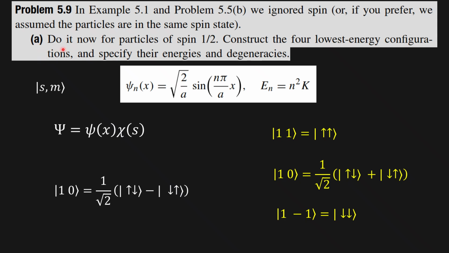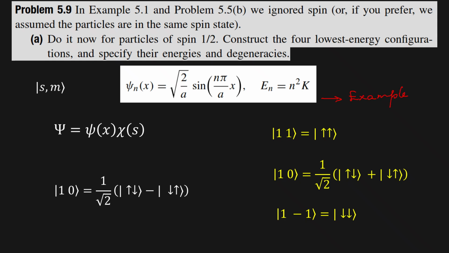Part A is to take particles of spin one-half and construct the four lowest energy configurations, and specify the energies and degeneracies. So now we can see this is the expression given in example 5.1.